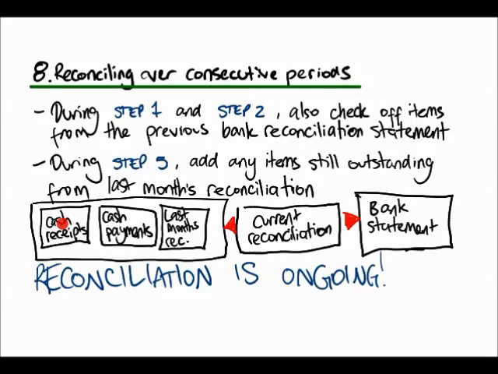Now this is the last bit. This is the bit where it gets kind of tough. Bank reconciliation doesn't happen just once each month and finish. It'll keep happening every single month. So at the end of the month, when you start doing the bank reconciliation process, you need to check the items from your previous reconciliation.